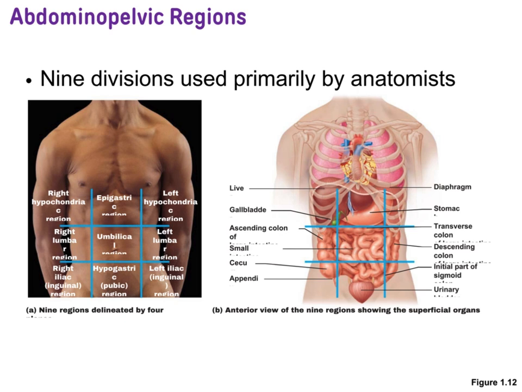That's also at the inguinal region where we see that fold between the thigh and the trunk. Epigastric means above or upon the stomach, and it's above the umbilical region, roughly where the stomach's located. And hypogastric or pubic is below the stomach or near the pubic region. So there is some rhyme and reason to the naming.